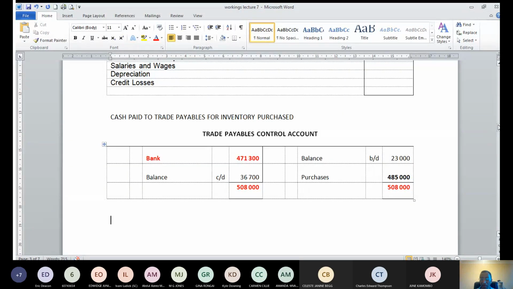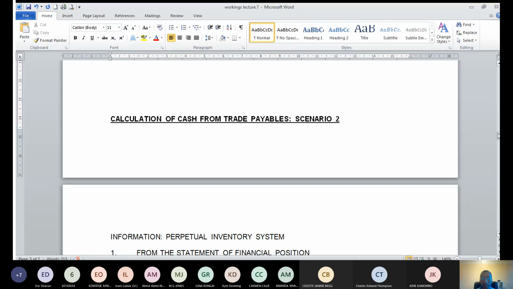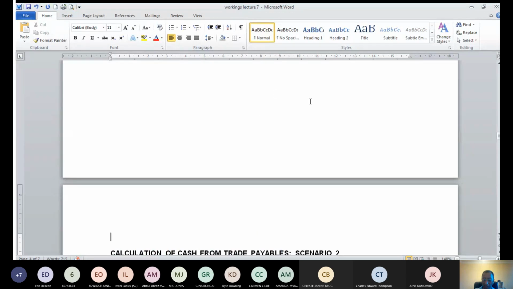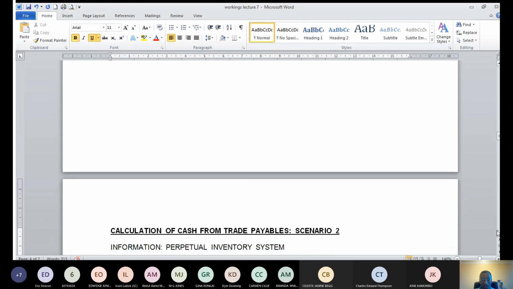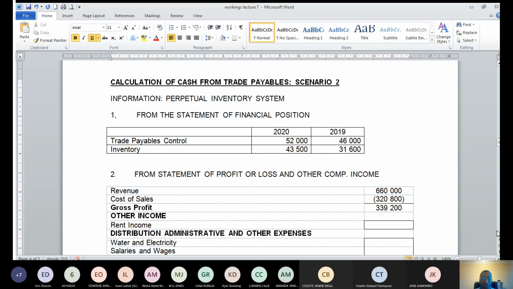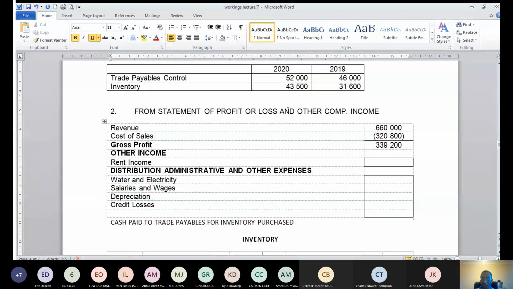So if the question that you are dealing with gives you information on a perpetual inventory system, remember, in a perpetual inventory system, in your statement of profit and loss and other comprehensive income, you will have revenue, cost of sales, and the gross profit.